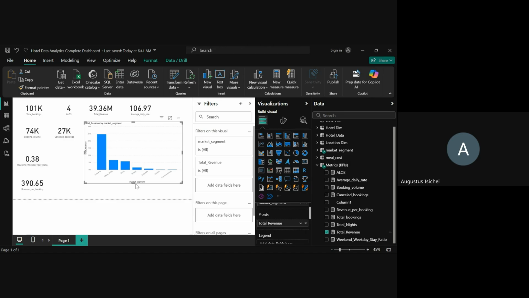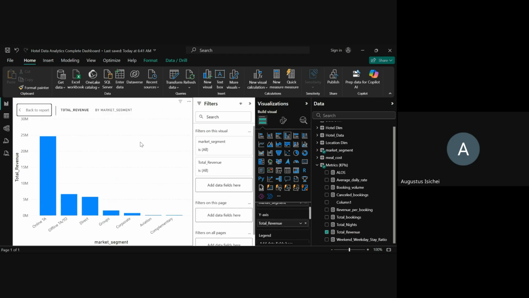It's clearly seen that the market segment that gave the highest revenue is online TA, that is about 24 million, almost 25 million, followed by offline, direct, groups, corporate, aviation. Complementary is the least market segment that generated revenue for us.